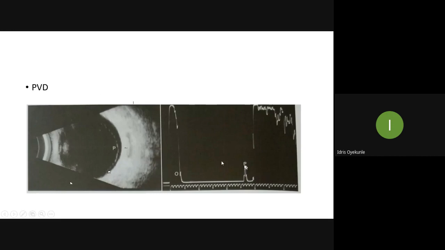So this tells us that this is probably a tissue that is not so dense. And the echo produced at this interface is not as strong as what you see in other cases, like when there's a retinal detachment. So you can now say that it's probably a PVD.